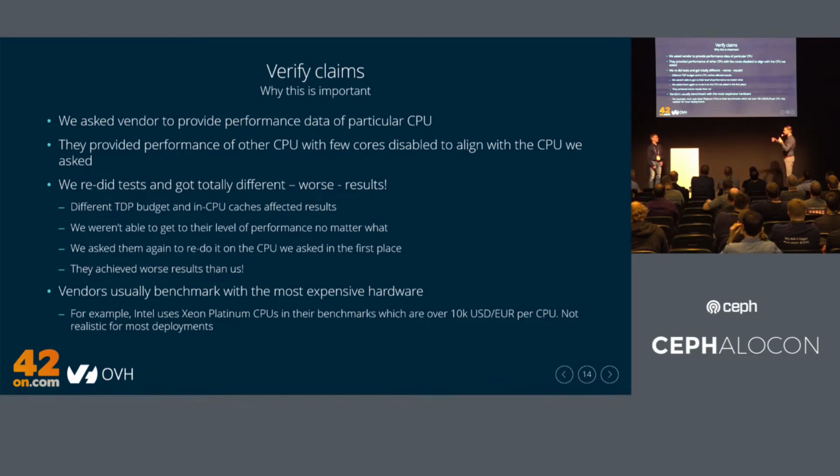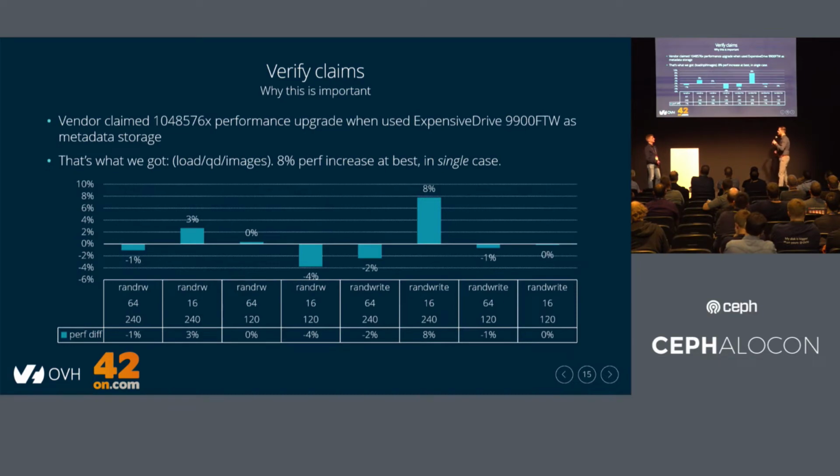We have a few systems coming up which we think are affordable NVMe systems which you can use. And speaking of verifying claims, we were asked to use some expensive drive, 9900 FTVA, for metadata storage, claiming that it will improve our performance so considerably that we are going to shell out every money we have just to get that performance.